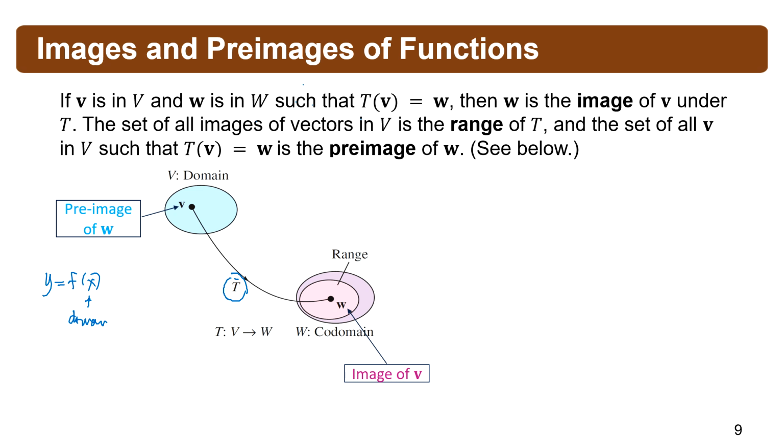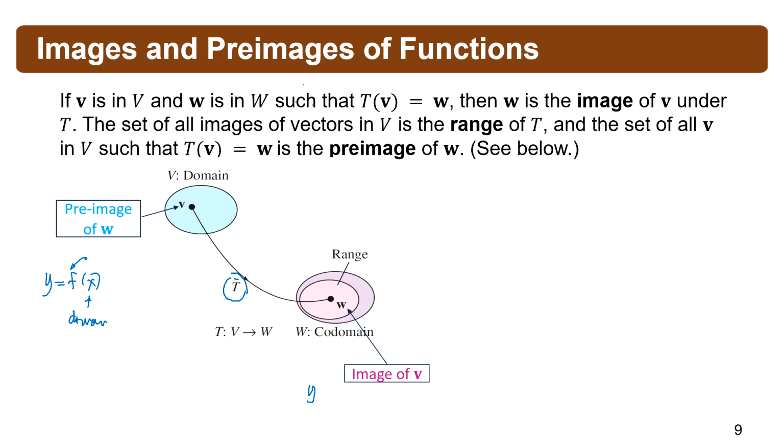Before we can get the w, we have to follow the rule that is stated in T, the transformation. So instead of using the notation f in the basic functions, we now use T because these are vectors that make the function transform with that rule.